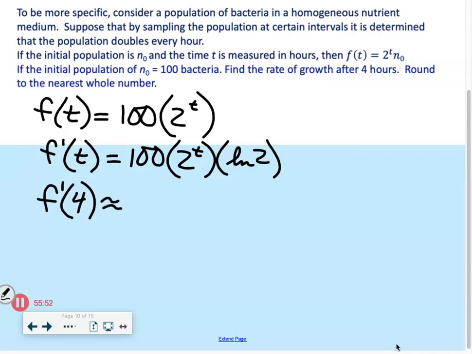It only takes a second. There you go. By the way, notice that it said round to the nearest whole number. Make sure you pay attention if they tell you to round, that you round.